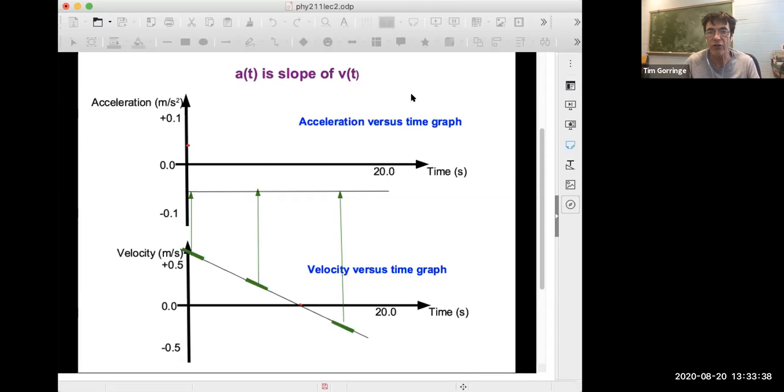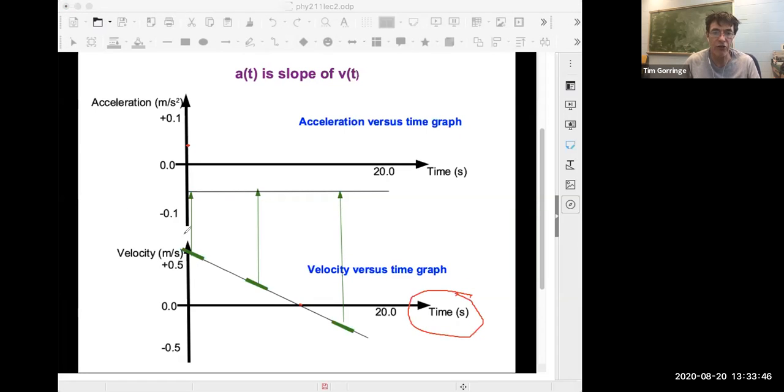If you look at these two graphs I've drawn here, the lower one is the velocity versus time graph that I drew earlier, with time horizontal and velocity vertical. The upper one is the acceleration versus time graph that I just drew, with time horizontal and acceleration on the vertical axis.